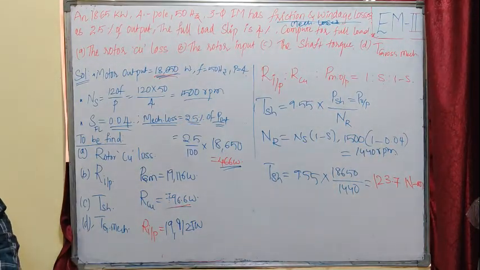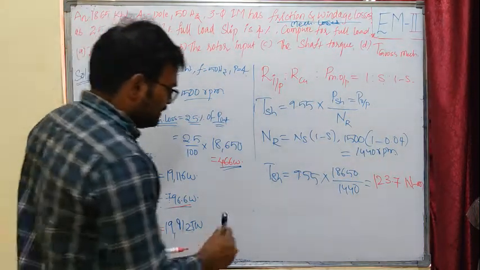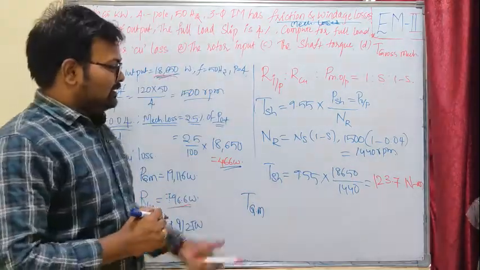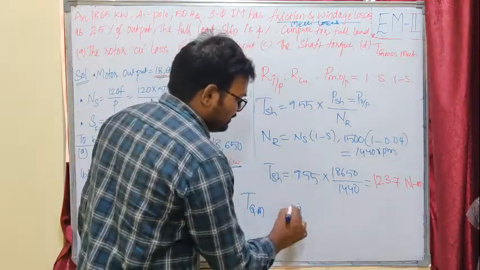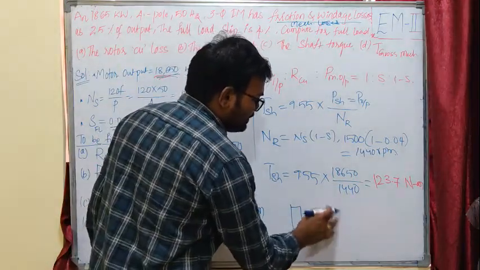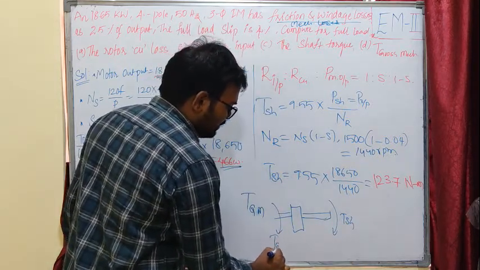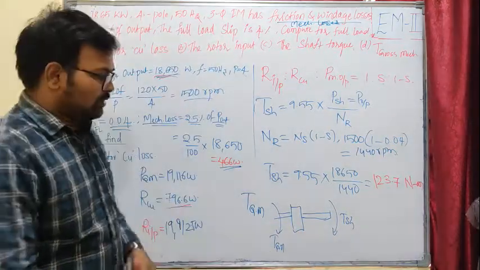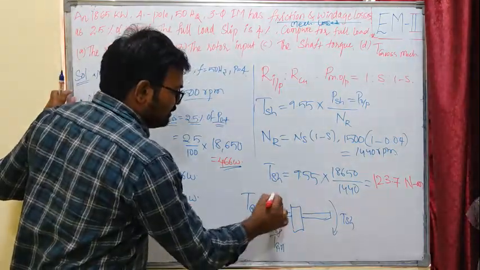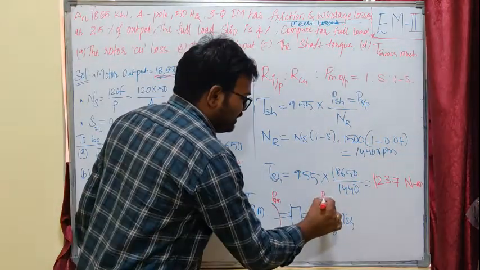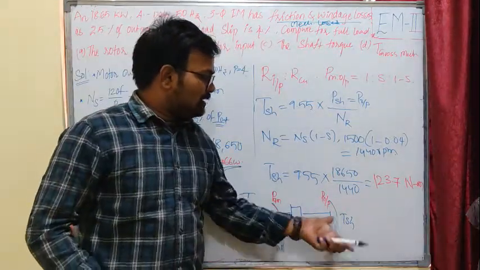Now let us find out the gross electromagnetic torque, T gross. The shaft torque, TSH, is after subtracting mechanical losses. This torque is related to the gross mechanical power output, and the shaft torque is related to the output power.